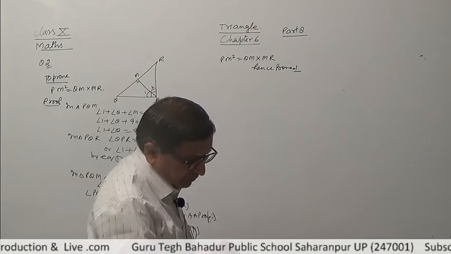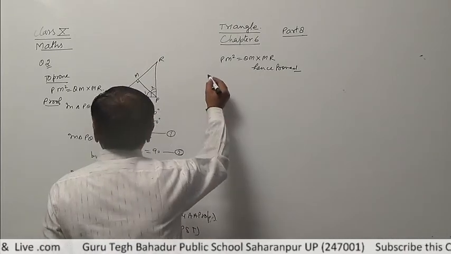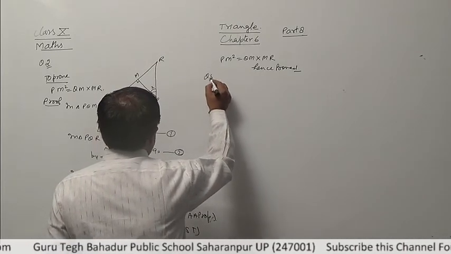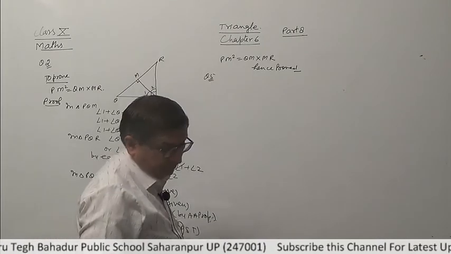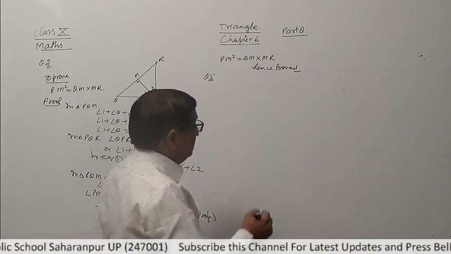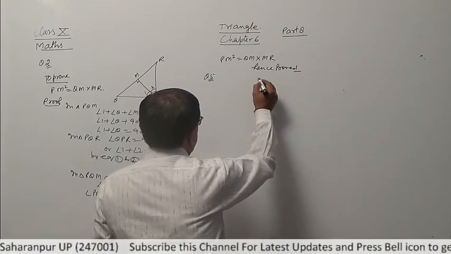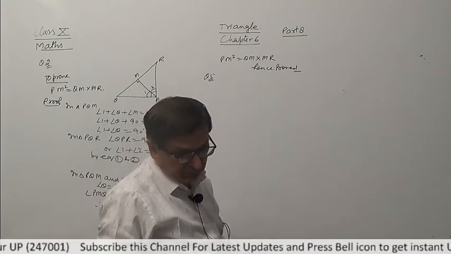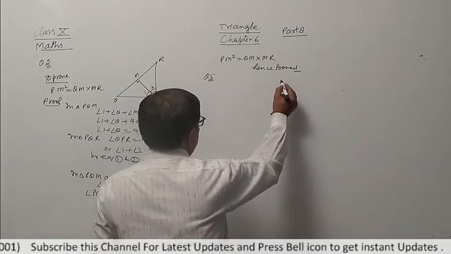See the question number 5. ABC is isosceles triangle with AC is equal to BC.